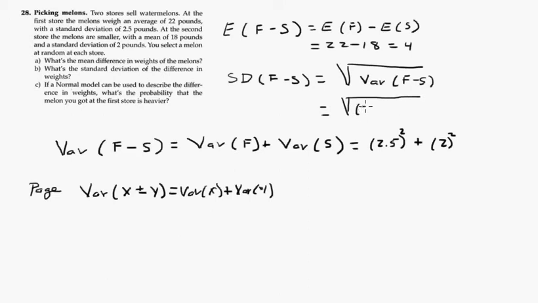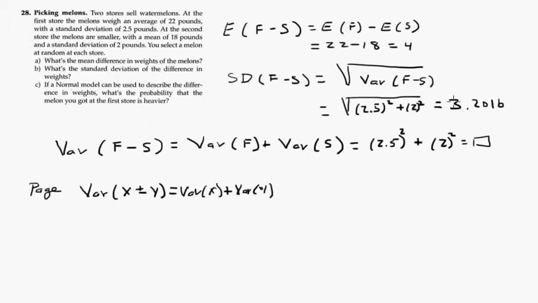Whatever that number is, I'm going to cheat because I already did it. And so I'm just going to take whatever that number was, plug it in here, and we're going to get a standard deviation of 3.20 pounds.